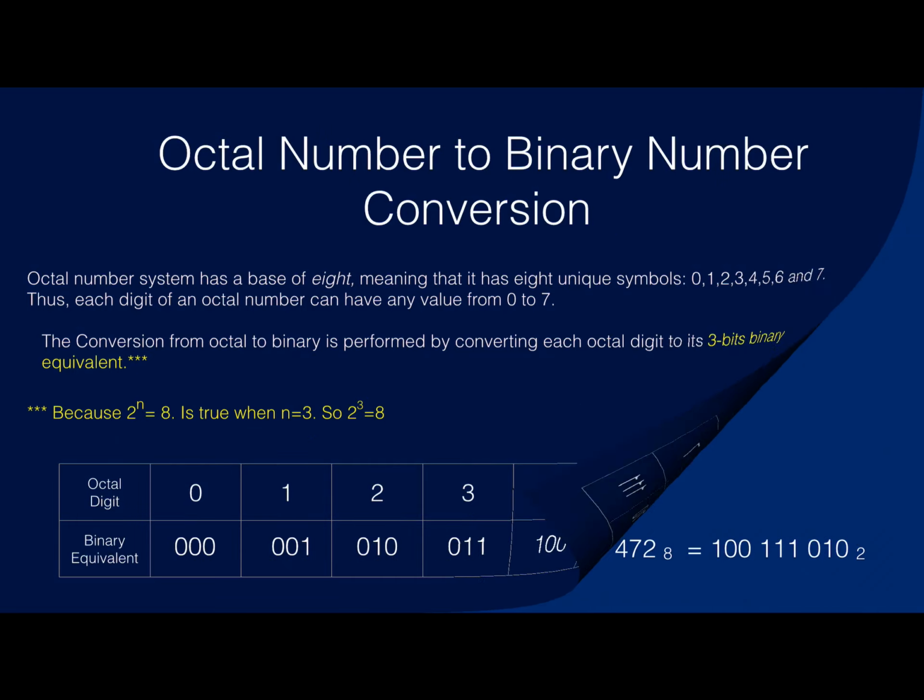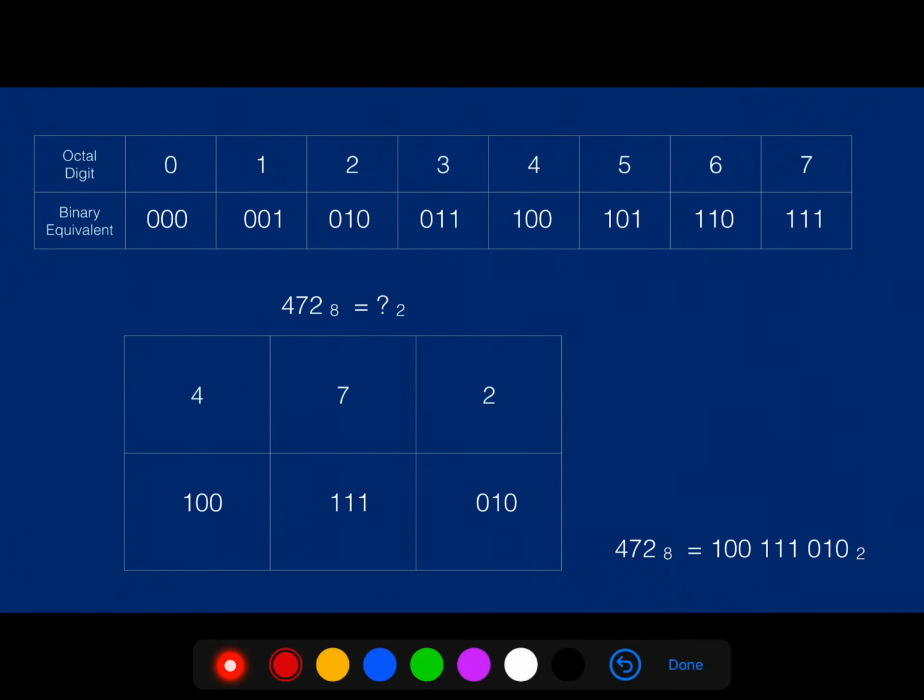Based on this table, we are now dealing with a particular example. Let's say the question is 472 base 8. That means this is my octal number 472, and I want to convert it to its binary equivalent. This is very easy. I have taken the same table here for your reference.